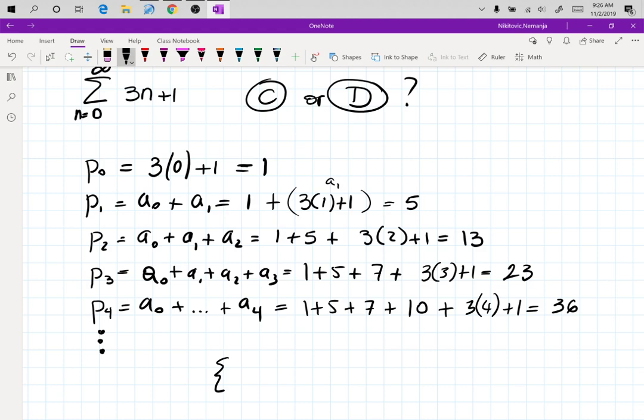Then the next partial sum is when I only add first two terms. I already know a0 is 1, so just carry that down. And then a1, I plug in 1. 3 times 1 plus 1. So altogether that's 5. Now, a0 is 1. A1 is 4.